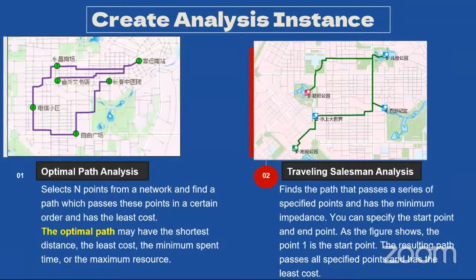Yes, so next we have the path analysis, which is one of the commonly used functions of network analysis. In real life, we need to find the shortest route between 2 points, which may be important for transportation, fire protection, disaster relief, and so on. During transportation, we need to find the route with the least transportation cost.